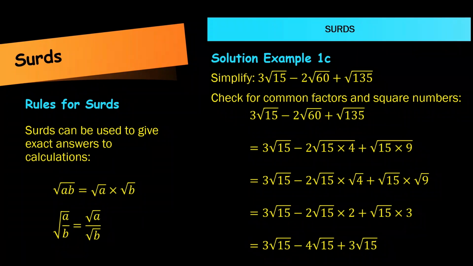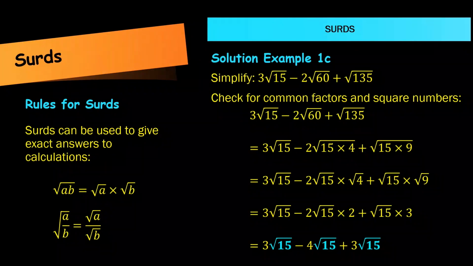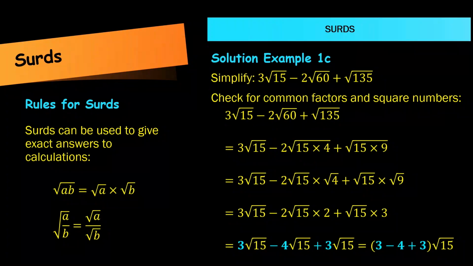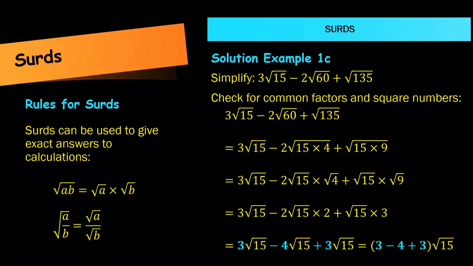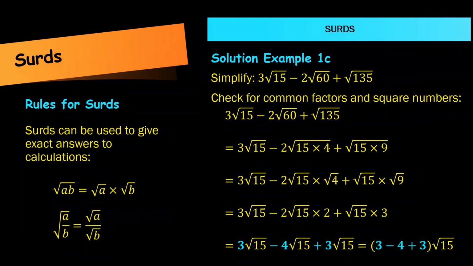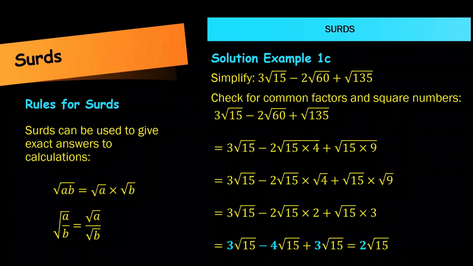And finally we can start to simplify because we have 3 root 15 minus 4 root 15 plus 3 root 15, to give us 3 minus 4 plus 3 times root 15, which is equal to 2 root 15.